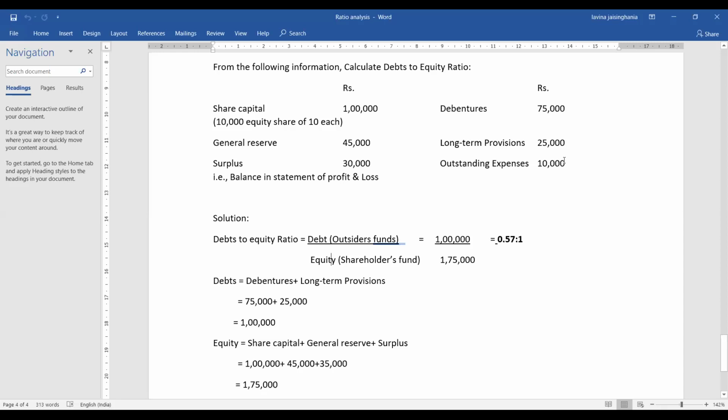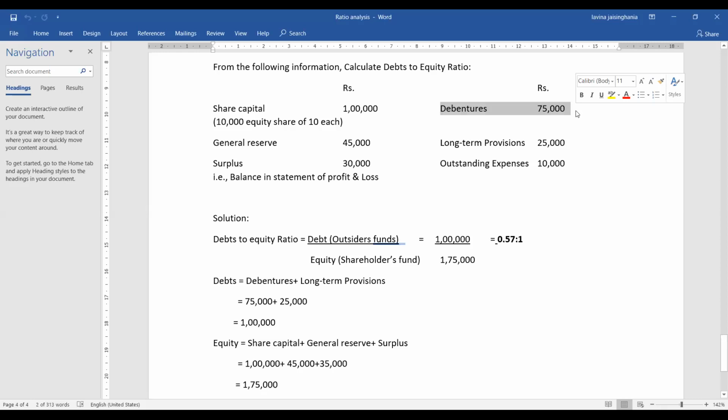Now our formula says debts divided by equity. So let us find out what the debts are. Debt means long-term loans or whatever long-term finance you have taken from the market, not invested in the business. Share capital, reserves and surplus are part of owner's fund. But what is debenture? You have taken a certain amount from outside.